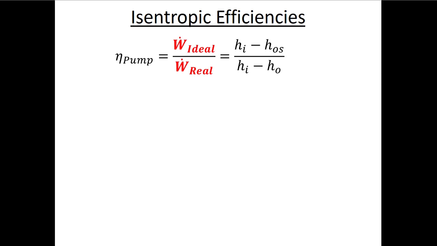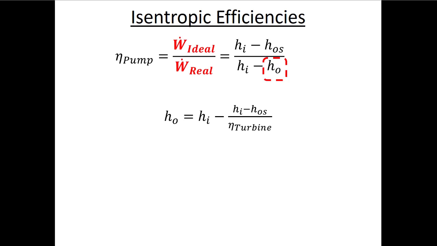So we put the real power on the bottom, and we can see that the isentropic efficiency is H in minus the isentropic outlet divided by H in minus the real outlet. What I want to find is H out, so I can rearrange this a little bit and find that H out, the real outlet of the pump, would be H in minus H at the isentropic outlet divided by the isentropic efficiency.